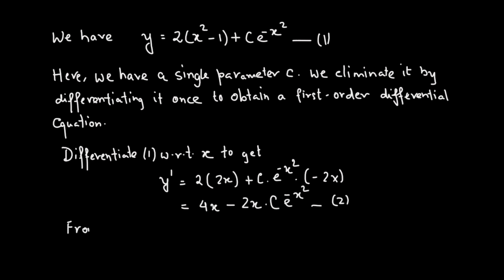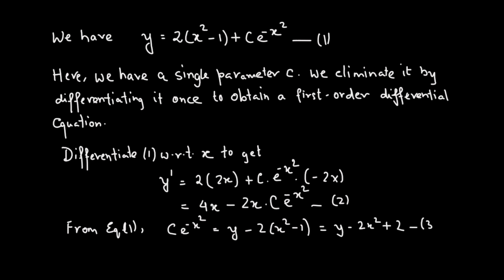Now from equation number 1, we can isolate c e raised to the power of negative x squared to get y minus 2 times (x squared minus 1), or y minus 2x squared plus 2. Let this be equation number 3.